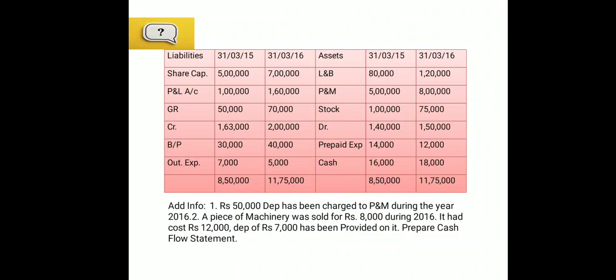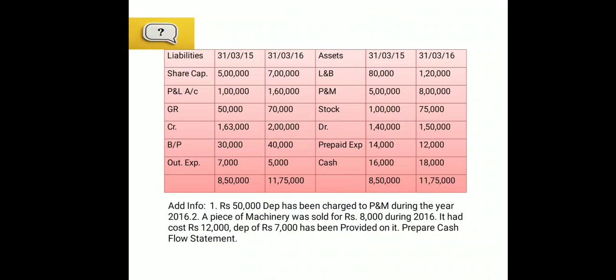Getting it? So when I'm saying that increase in current liability we need to add, then definitely decrease in current liability we have to deduct. Fine. And when I'm saying that increase in current liability I am adding, that means decrease in current asset I will add. So just remember one rule, and then again the other 3 you can make out by opposite things.